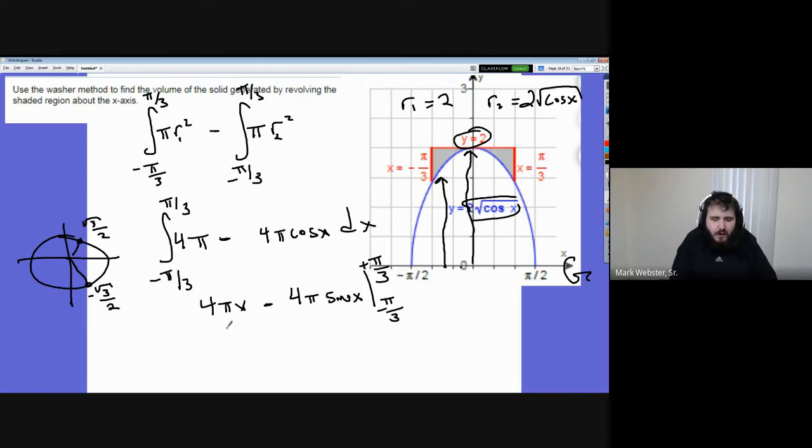So let's do it now. We've got 4 pi times pi over 3 here minus, we're doing the top one, minus 4 pi times radical 3 over 2.